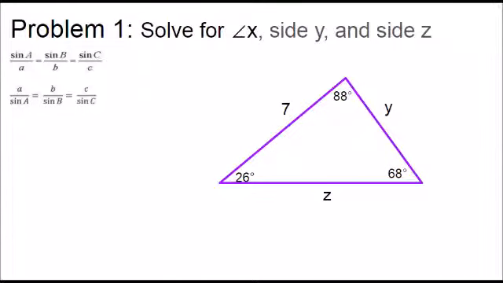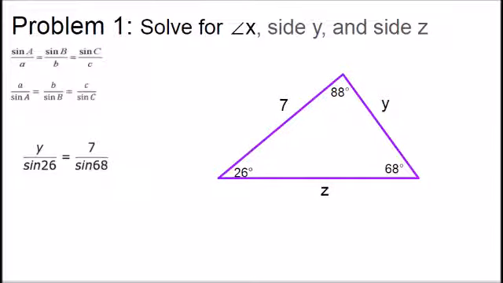Now that we have found angle x, we can solve for side y. The first thing we need to do is set up a proportion with the law of sines formula. When you set up a proportion for the law of sines, the angle and side have to be opposite from each other. So since we're solving for side y, we need to use angle measure 26. And because we are solving for a side, we are going to need to use the second formula listed.